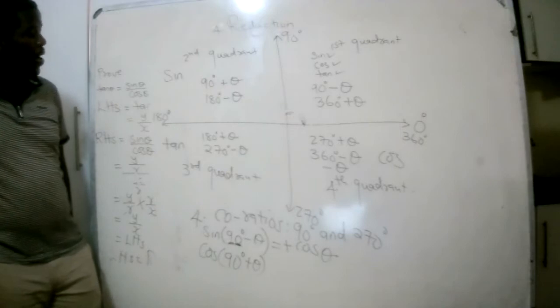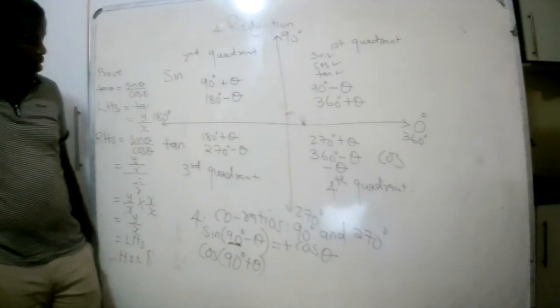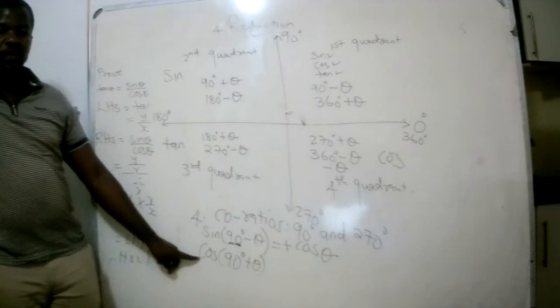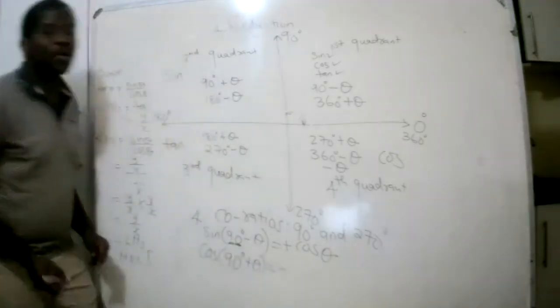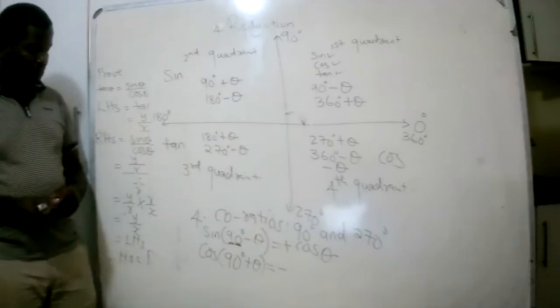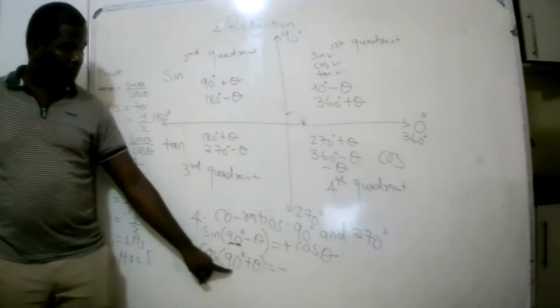And on the second quadrant, which one is positive? Sine. But what do we have here? Cos. Therefore, that simply tells us that we're going to get a negative. After getting the negative answer, we check which angle we have here.